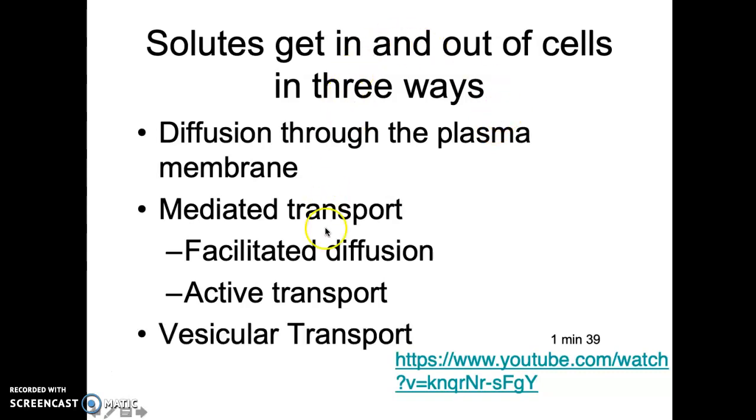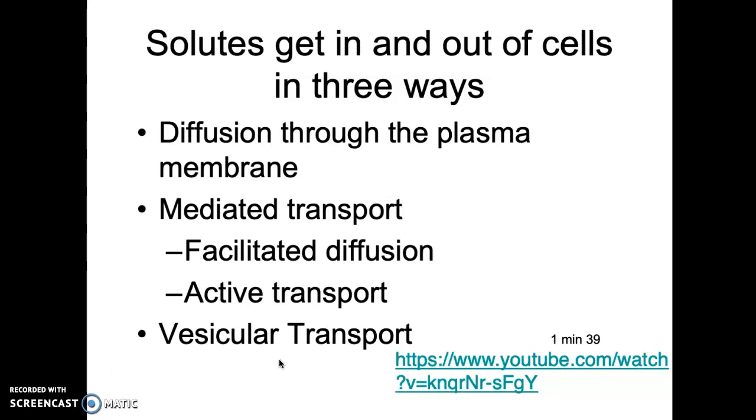The last one I want to talk about is, what if those molecules are slightly large, so potentially they could use a carrier, but let's make them so large that not even a carrier can bring them into the cell. In that case, it's going to be an entire vesicle that's going to be transported into the cell. An example of that is a bacteria.